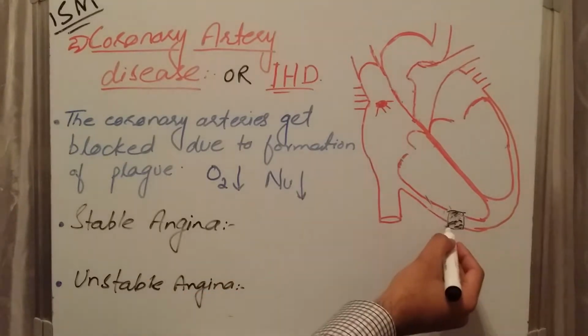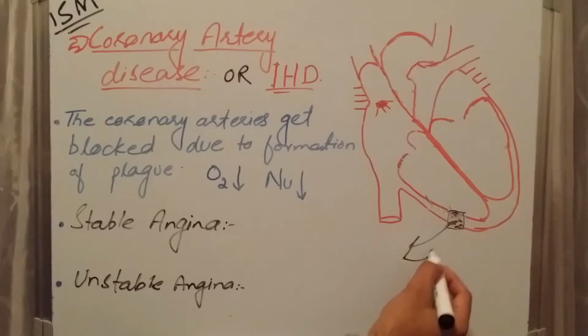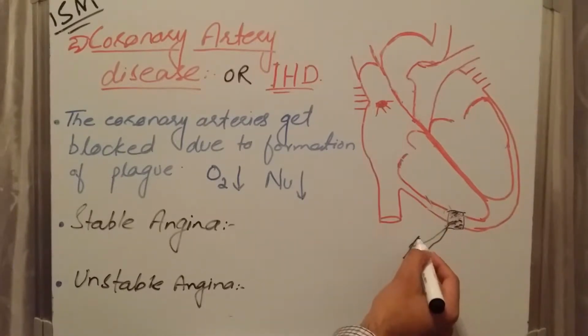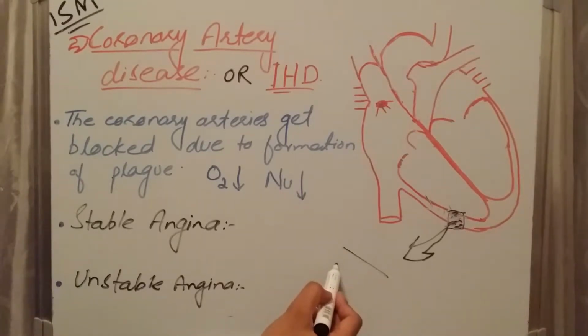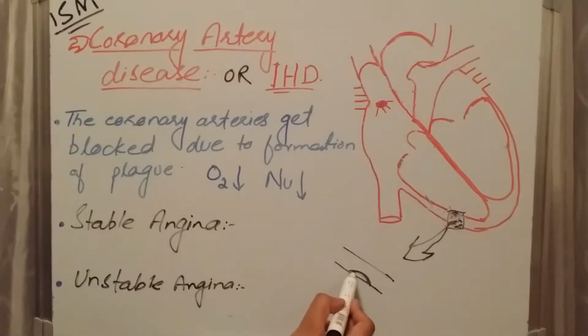Suppose I take a section of this heart muscle. The arteries providing blood supply to this region form plaque, because of atherosclerosis. The diameter decreases, and this decrease in diameter causes less blood flow to that particular region of the heart.